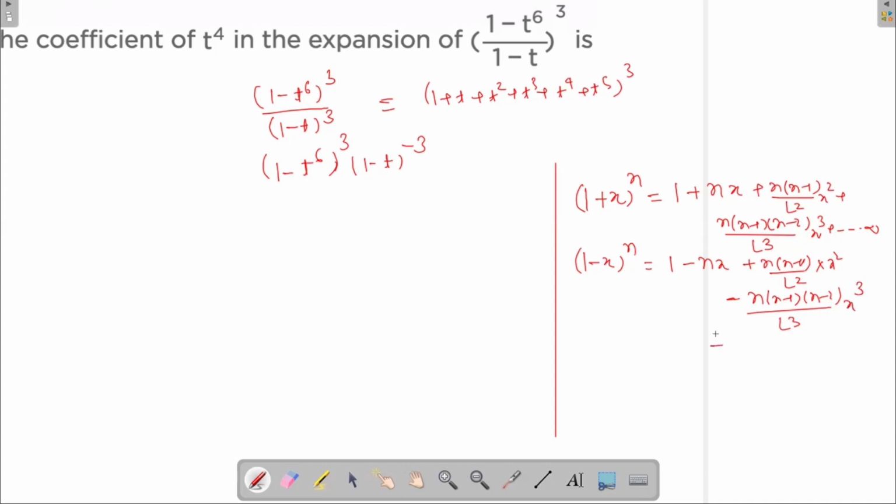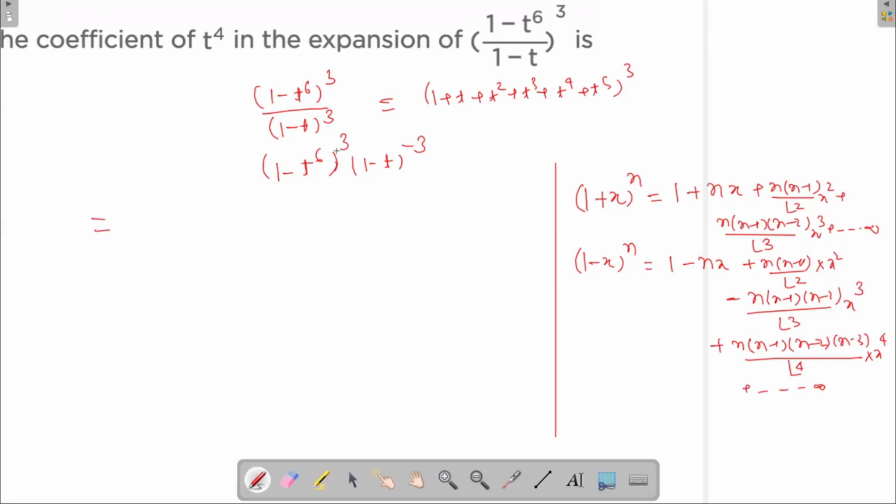And let's write one more, which is n into n minus 1 into n minus 2 into n minus 3 upon factorial 4, x raised to the power 4. And this will keep on going. So now we know the expansion of it.